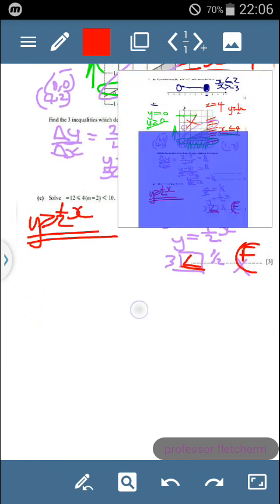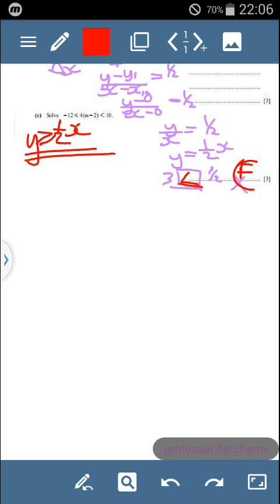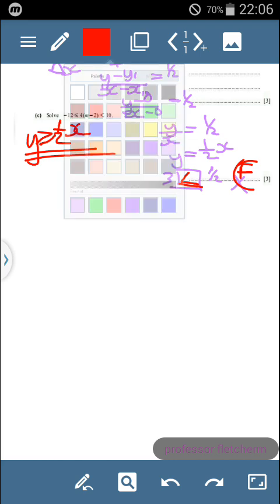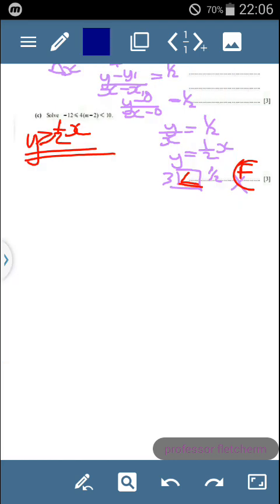I wanted to utilize all my space, but let me go down a bit. Right, solve that one. So you're going to solve an inequality: minus 12 is smaller or equal to 4(m minus 2), smaller than 10.